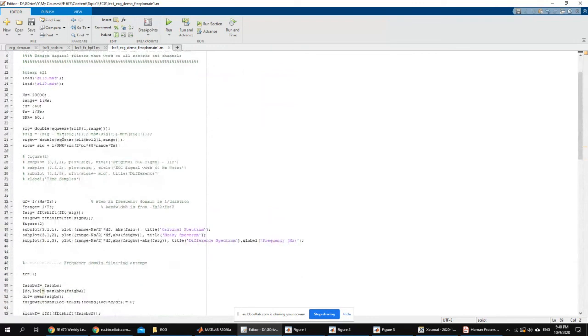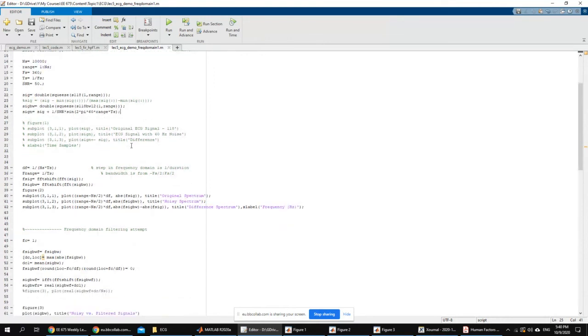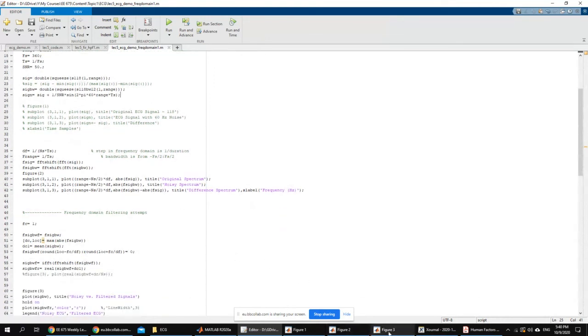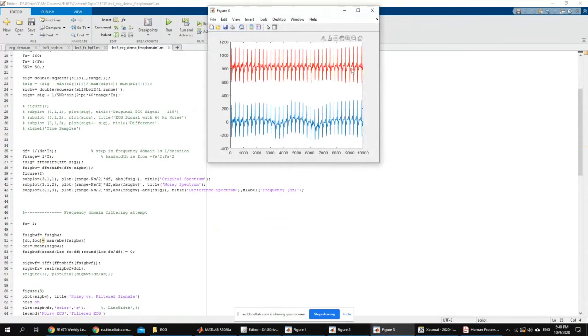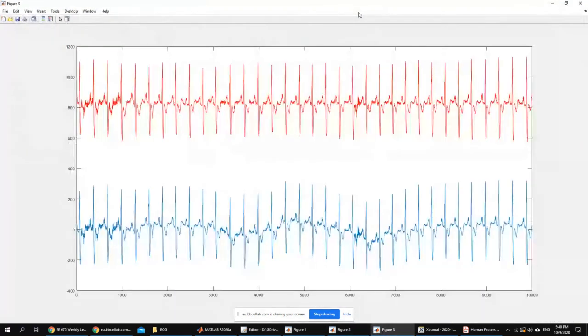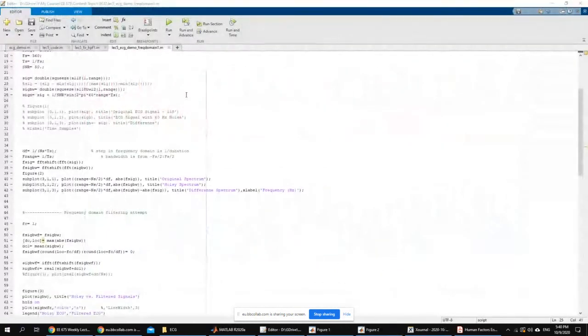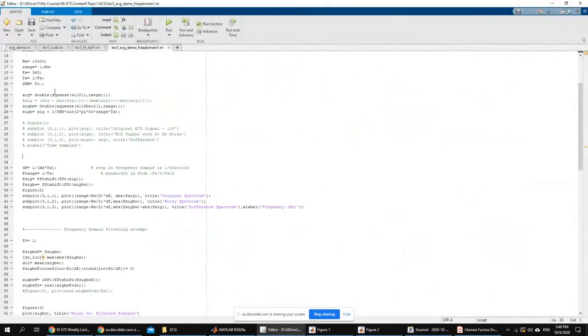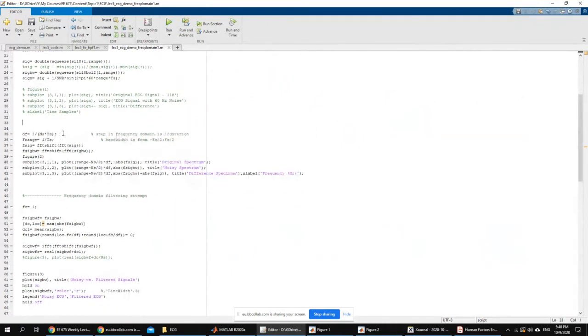There's no SIG here. Yes, it's right there. SIG black and white, SIG N. This is the one with baseline wander. Maybe I remove the DC value here somewhere. Double of this, SIG BW.